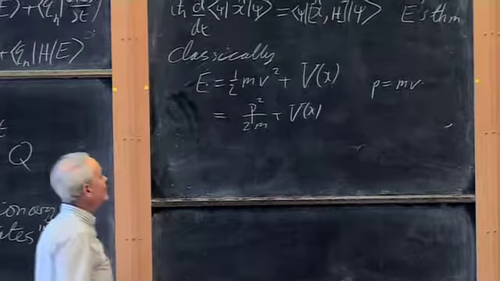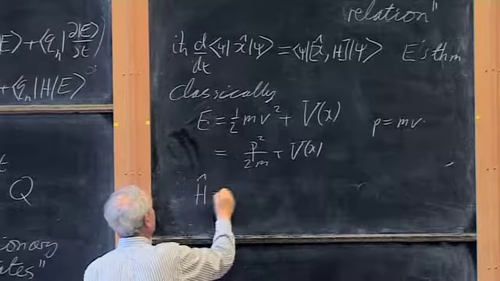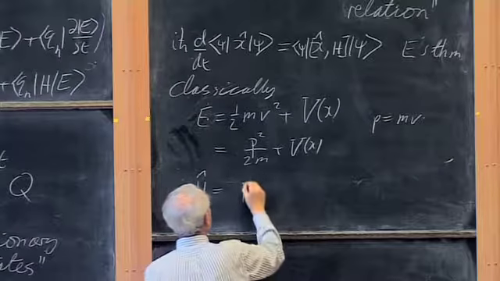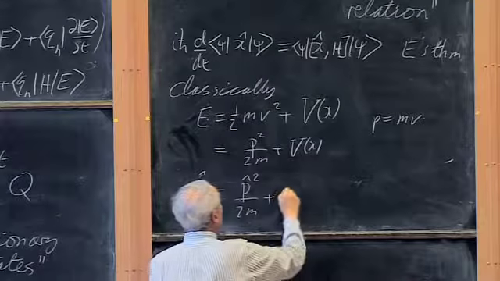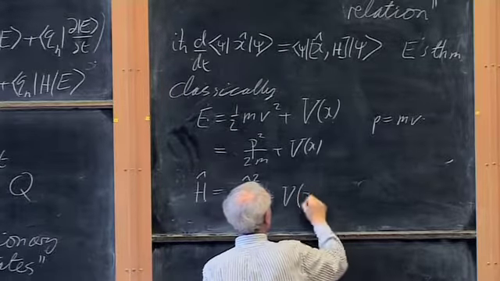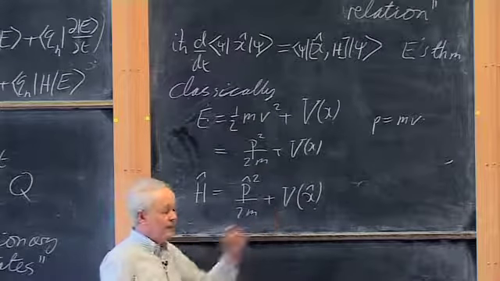So let's suppose that we can carry this forward into the quantum domain and say that the Hamiltonian operator is the momentum operator squared over 2m plus V, the function V evaluated on the position operator.